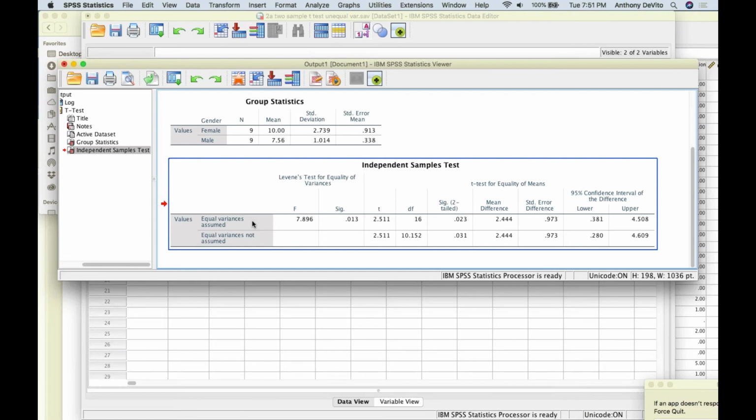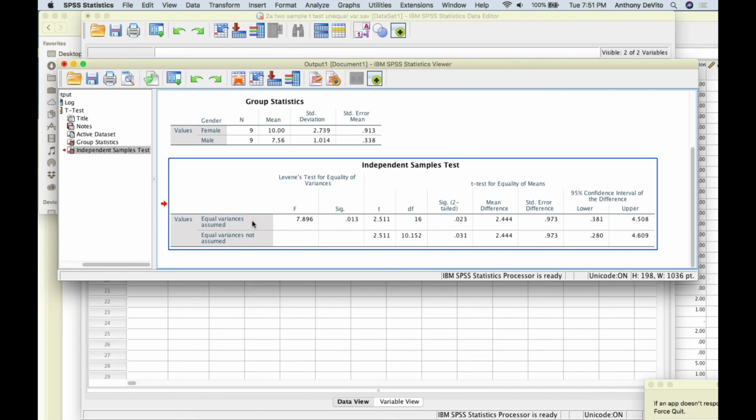What is this telling us? This is telling us that SPSS is applying this test to tell us whether we should use equal variances or unequal variances. So how does this work? Just like everything else, we use the null hypothesis. We start with the assumption that the variances are equal, which means we use the top line.